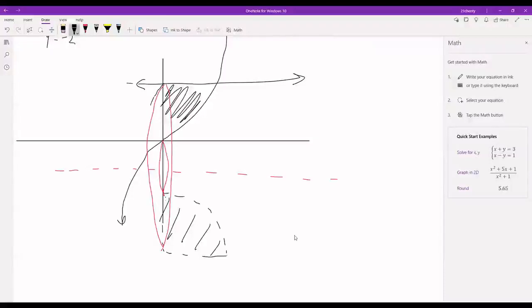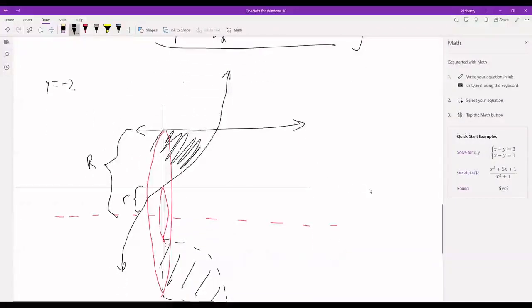This is our big R. This is our small r. So big R is, well, this is 4, and this is -2. So big R is 4 minus -2, or 6.